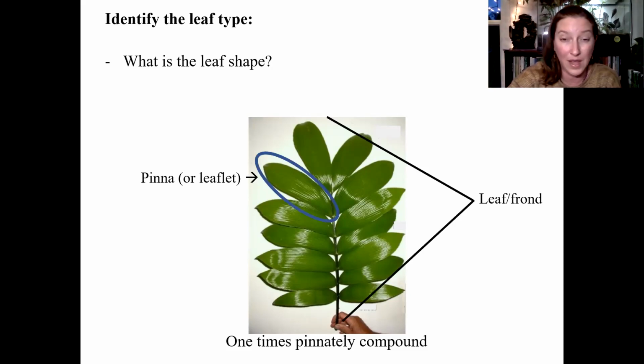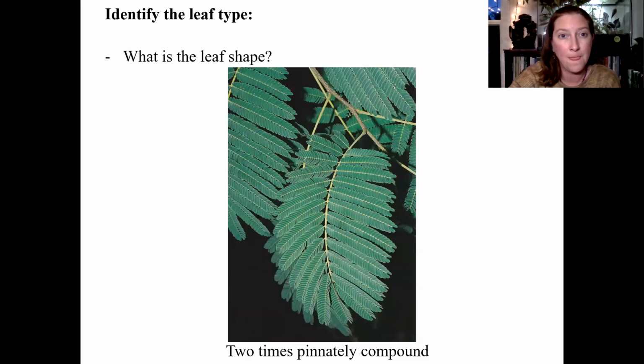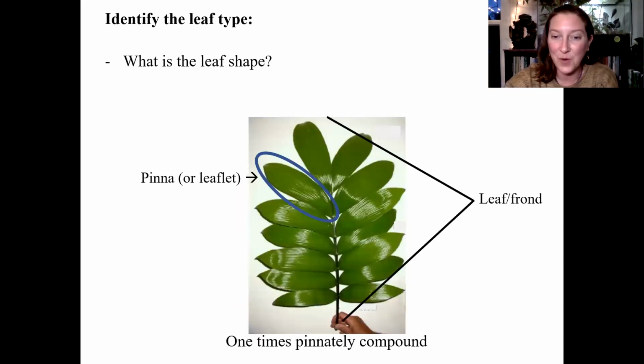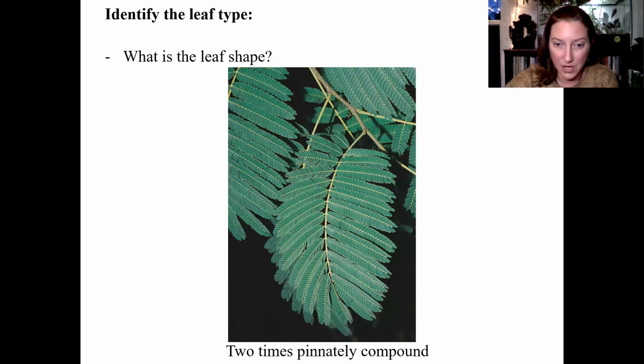So that whole thing is a leaf. That whole thing in that box is a leaf. Here's another one. So 1 times pinnately compound here, 2 times pinnately compound here. Instead of a drawing, this is a real leaf.